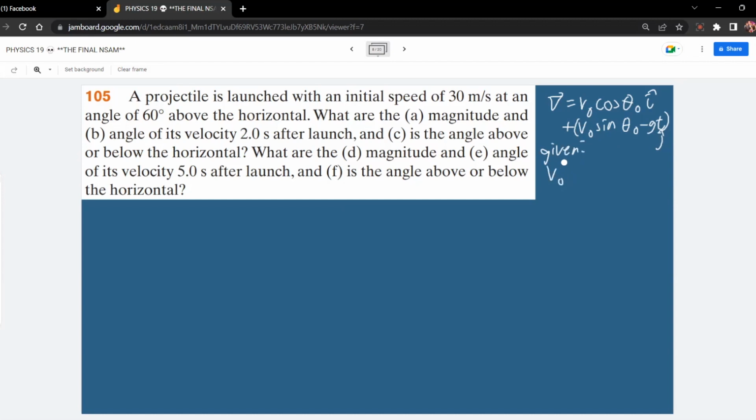So, V naught is, okay, so, yan na, no? Yung G is just the usual 9.8 meters per second square.